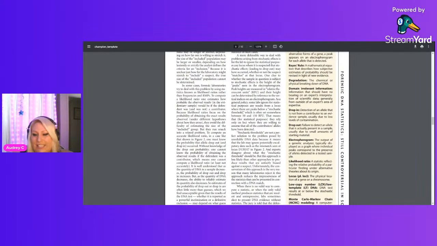I found that this document is older, but it has techniques in there that I do believe are still used. And the one thing about DNA, and I know in science as a whole, they always say you need the newest information out there. However, with the low copy DNA and what's so difficult and unreliable about it, sometimes, I was told by my professor, it's okay to get a little bit older of an article, but you have to make sure the information in that article is still current.